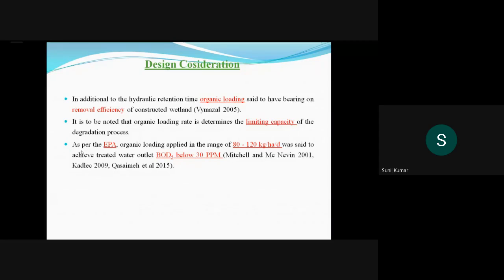As per the EPA guidelines, 80 to 120 kg per hectare per day is recommended if we have to achieve BOD less than 30 ppm. This is the EPA guideline which they have arrived at. It has been tried at 230 kg per hectare also. What is happening is the BOD of the treated water is in the range of 40-50, but the removal rate is found high, but the outlet quality parameter is also exceeding the required limit.